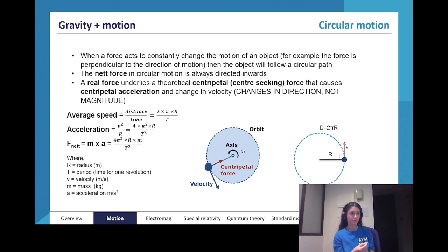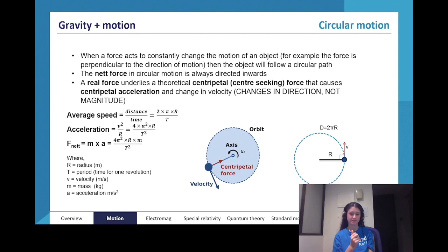So the net force in circular motion is always directed inwards. Before we get into the other elements of circular motion, I'll explain a common misunderstanding: why the force and the acceleration act inwards.